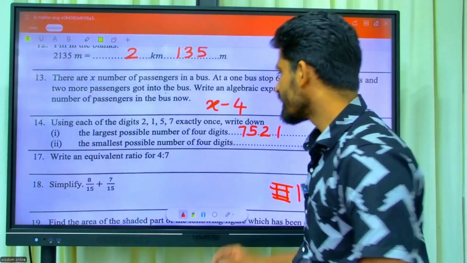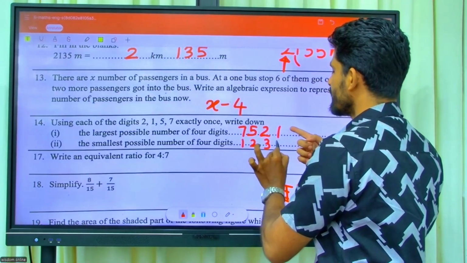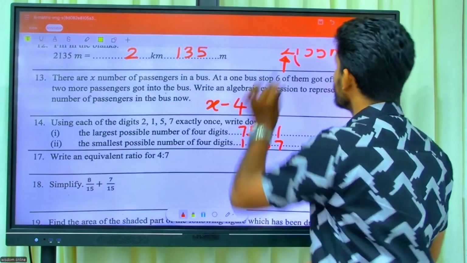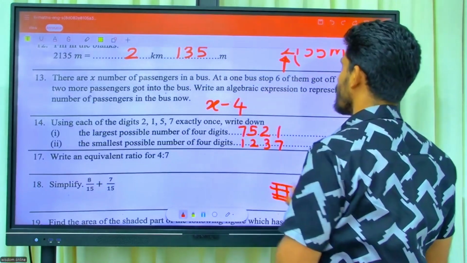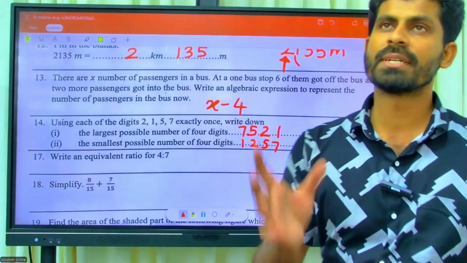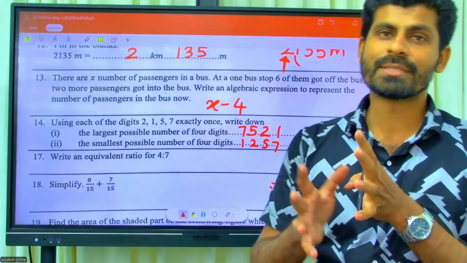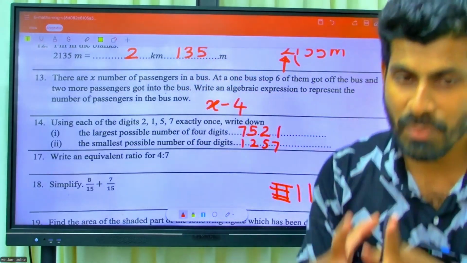The smallest is 1, 2, 5, 7. So 7,521 is the largest and 1,257 is the smallest.